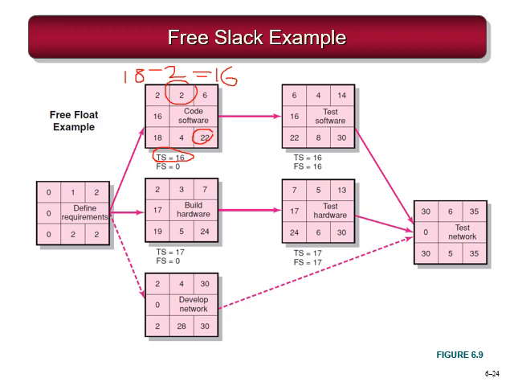So all the slack would be eaten up by this particular activity. So the difference between the early finish and the early start of the succeeding activity will give you the free slack. So free slack for this activity is 0.